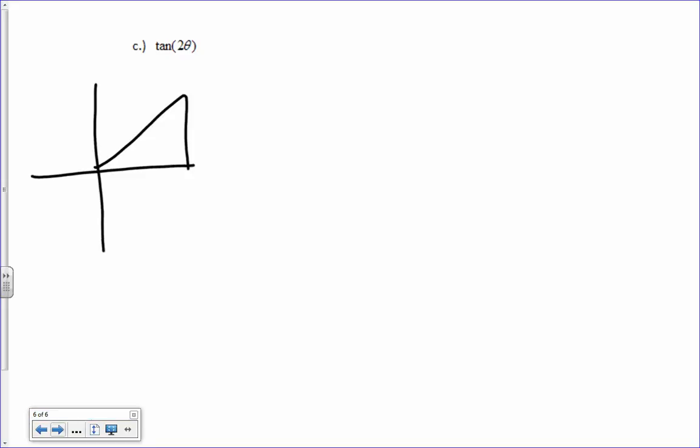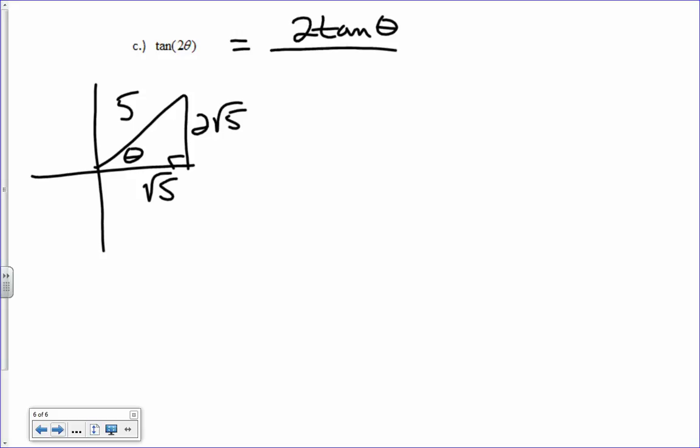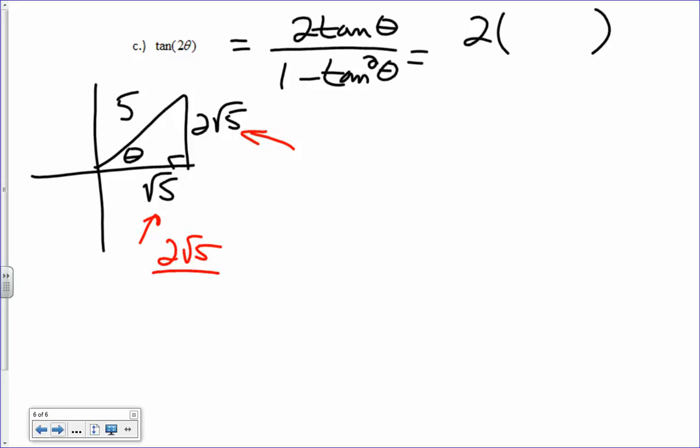Again, we're drawing our picture for theta. You already have it. You don't have to draw it again. All right, here we go. We have to take 2 times whatever tangent of theta is. Tangent is opposite over adjacent, so it's 2 square root of 5 over the square root of 5. We agree that's how you would find tangent, right?